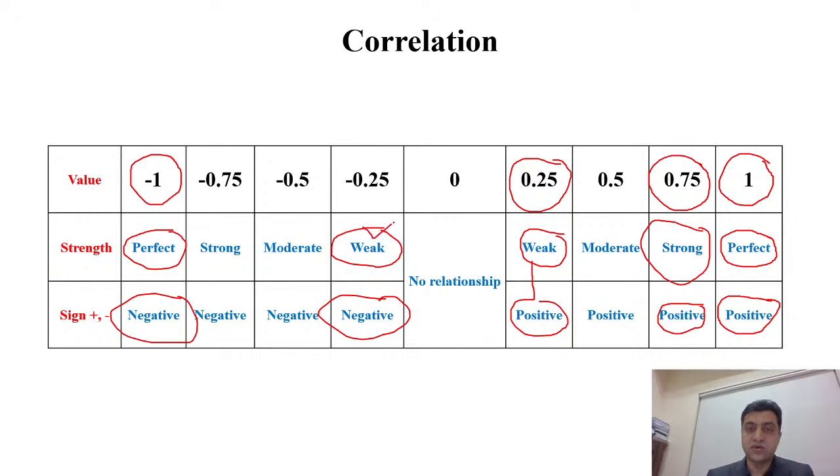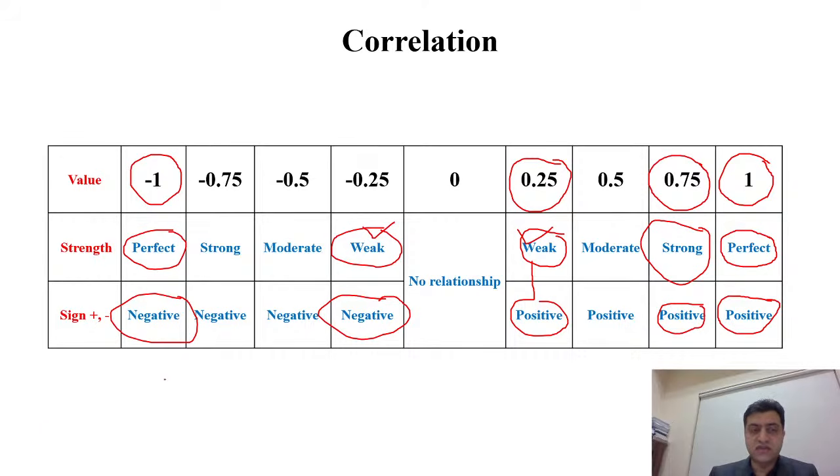It is fine. If you get a correlation which is 0.20, it is fine. There's no problem, as long as it is significant. We'll talk about this concept when we move towards our analysis. But as long as it is significant, any value is fine.